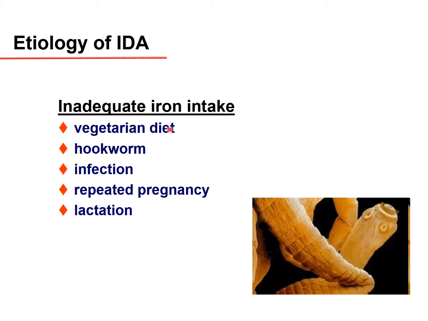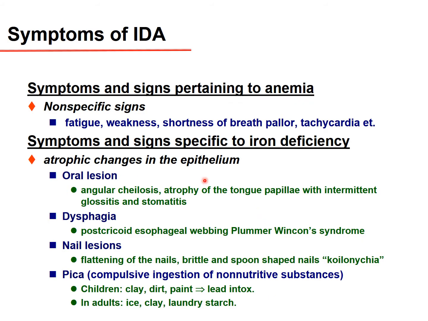But a vegetarian diet has less iron, plus the complex fibrate can inhibit the iron absorption. Or it can be infection or repeated pregnancy or lactation, or hookworm, for example, that can use up the iron and lead to iron deficiency. Now, the symptoms of iron deficiency, relatively these symptoms and signs pertaining to anemia can be non-specific ones.